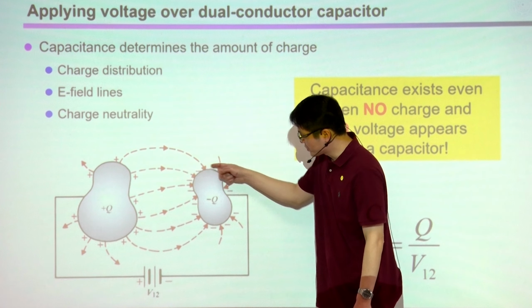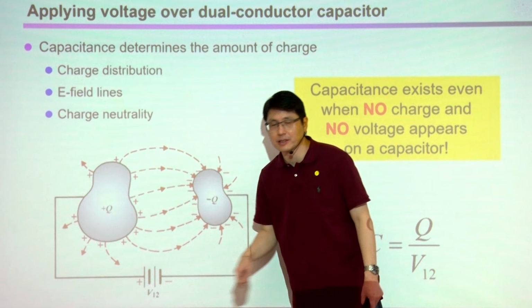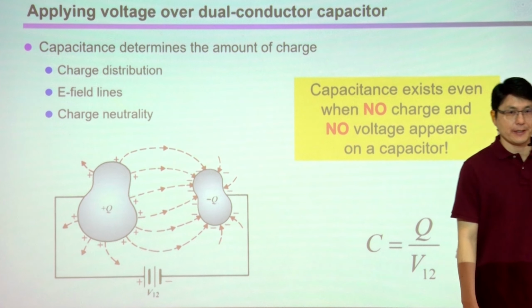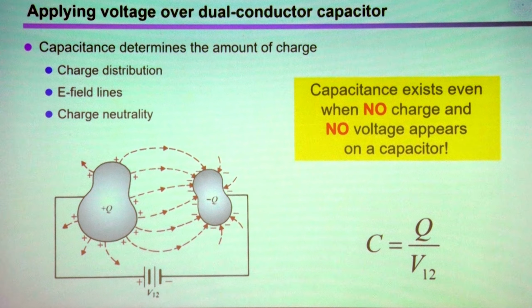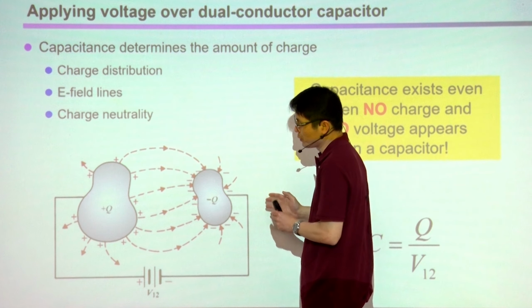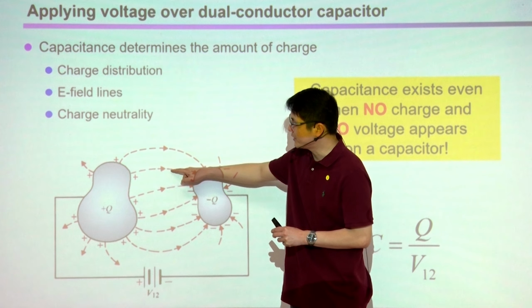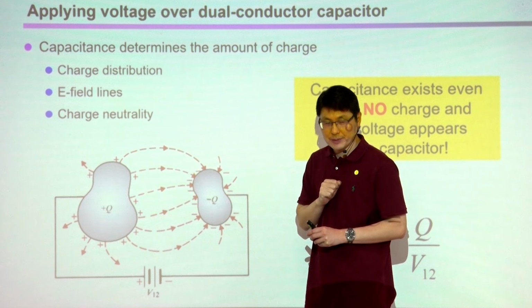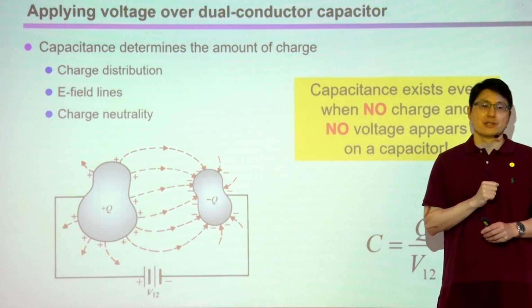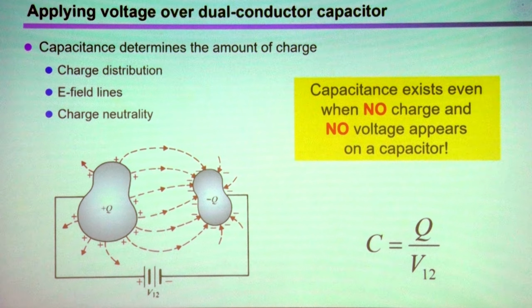And you have negative charges deposited over the electrode connected to the negative end. Alright? So once you can draw this charge distributions, then you can draw the corresponding E-field line distributions. Okay? So if you know the E-field distribution, and then you can calculate the resulting electric potential difference. Okay?